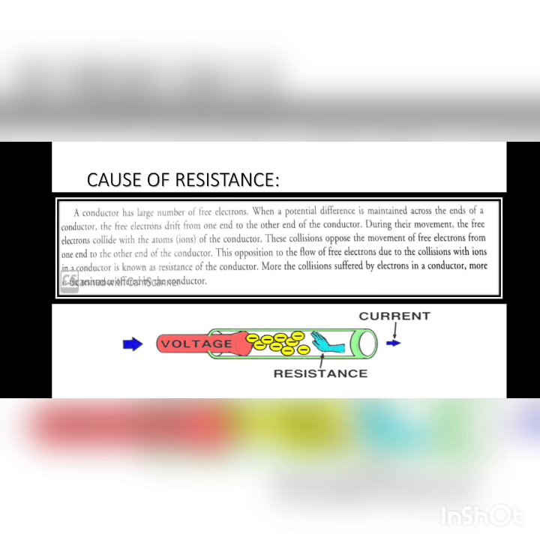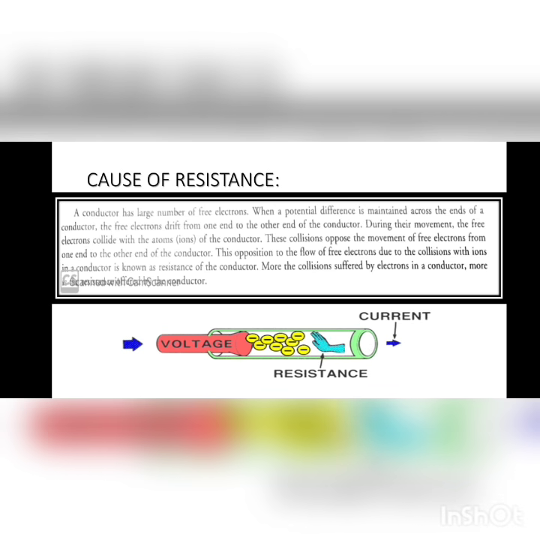During their movement, the free electrons collide with the atoms or ions of the conductor, and these collisions oppose the movement of free electrons from one end to the other end. This opposition to the flow of free electrons due to collisions with ions in the conductor is known as resistance of the conductor. The more collisions suffered by electrons in the conductor, the more will be the resistance of the conductor.